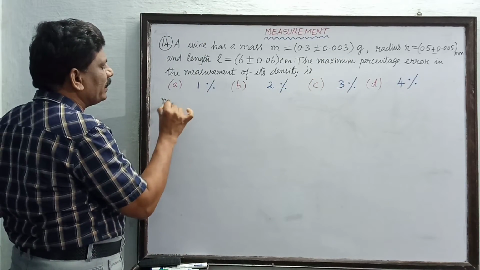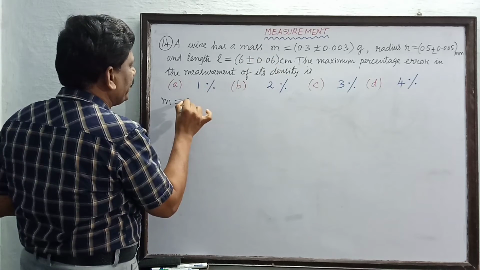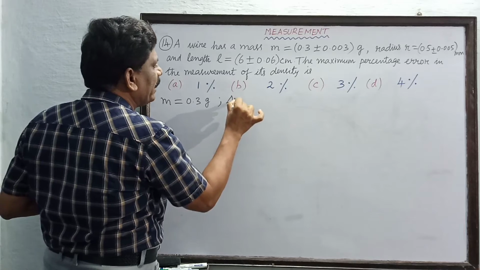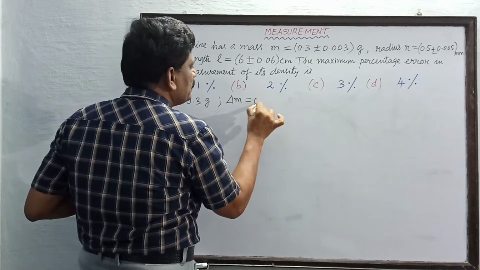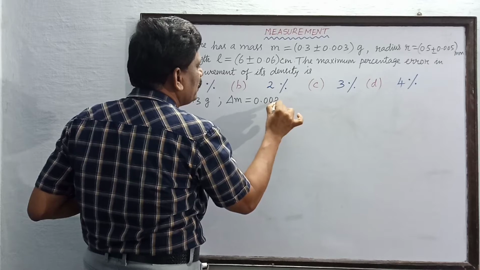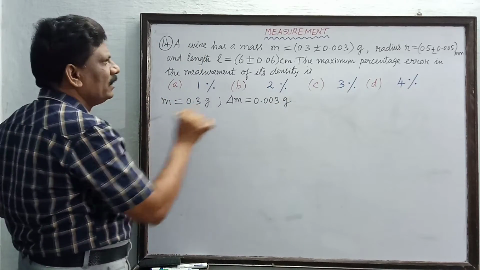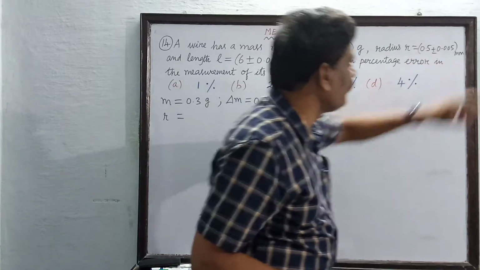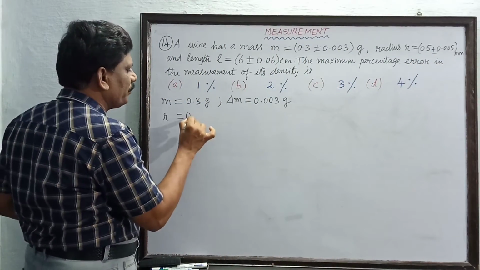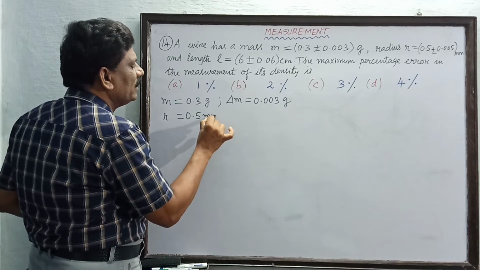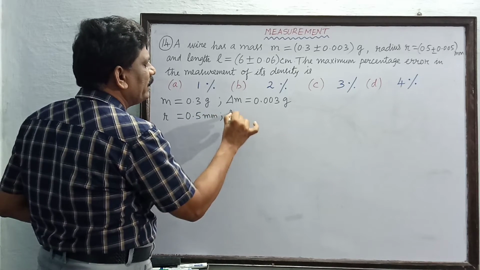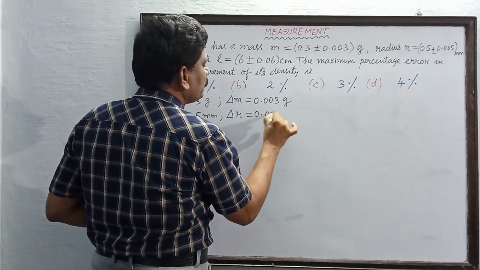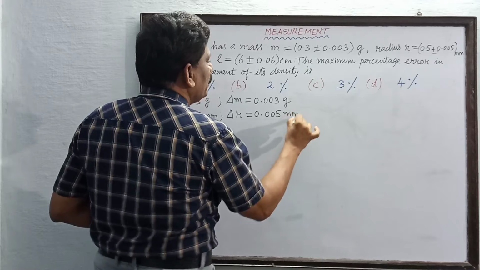So I am going to write the given quantities first. So here m is equal to 0.3 gram and the corresponding value of delta m is equal to 0.003 gram. Similarly, the radius r equal to 0.5 millimeter and the corresponding absolute error delta r is equal to 0.005 millimeter.